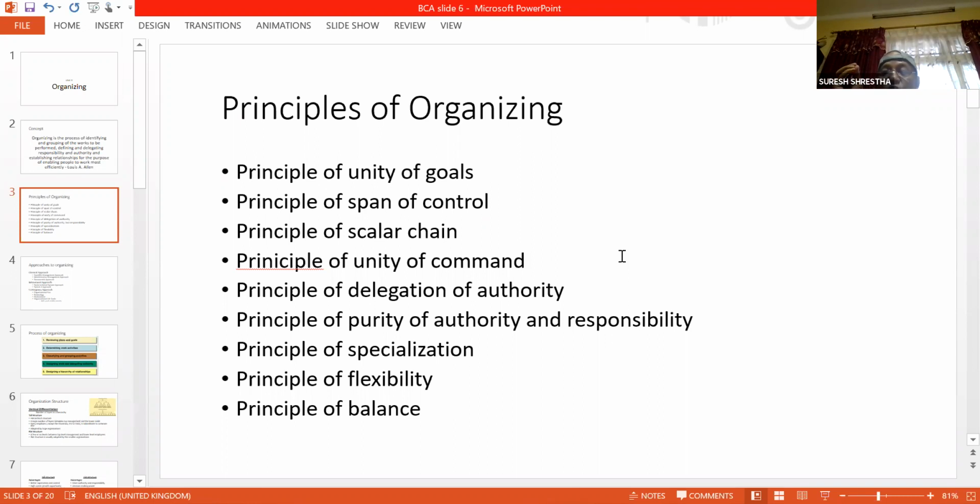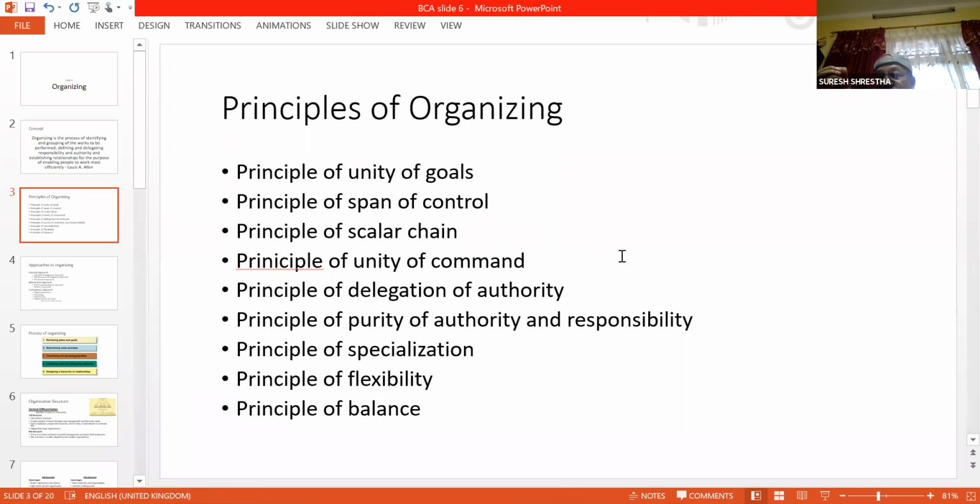If you do that, the lower level people will not have motivation to work. If you do not empower people at the lower level, they will have no motivation to work for the organization. So delegation of authority and power also have to be given when you are organizing. Responsibility you have to give, and you also have to give them the authority.